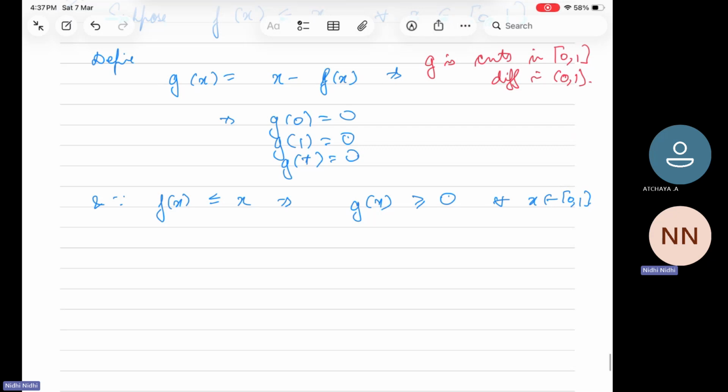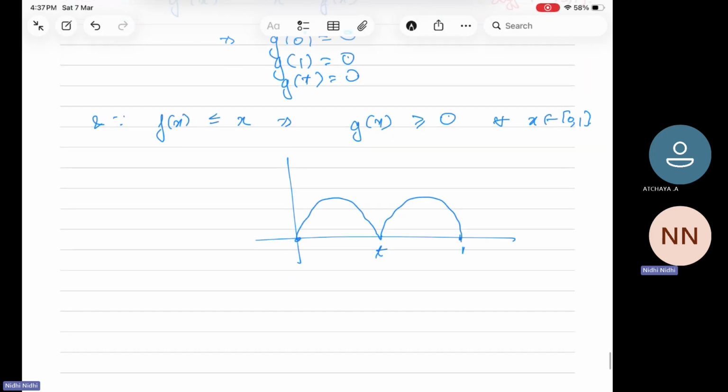That means if we plot this function g, it is 0 at 0, is 0 at t, it is 0 at 1 as well. And it is always positive. So there is only one possibility, or we can say two possibilities. Either the function is something like this, or maybe it was 0 before t and then it went to 1.